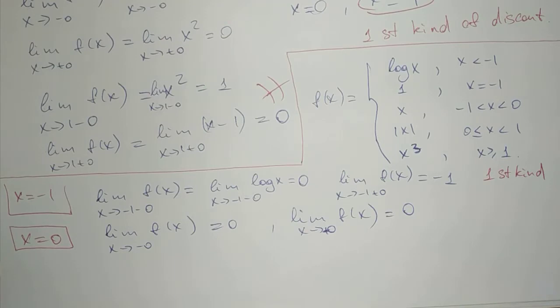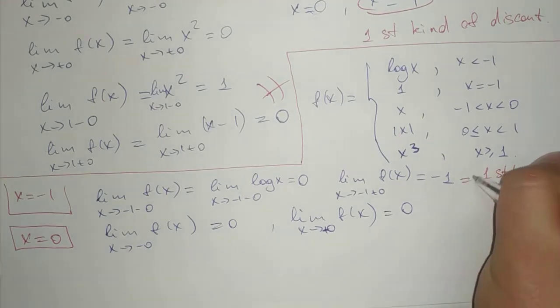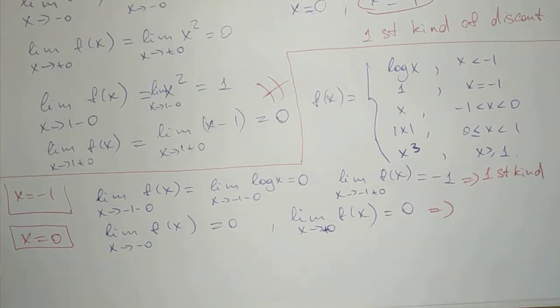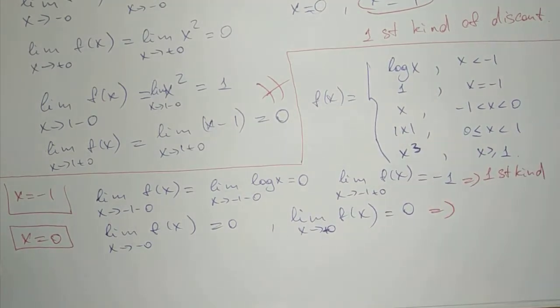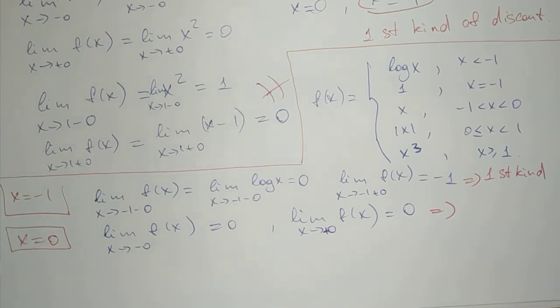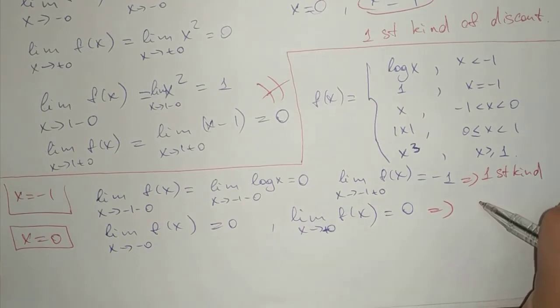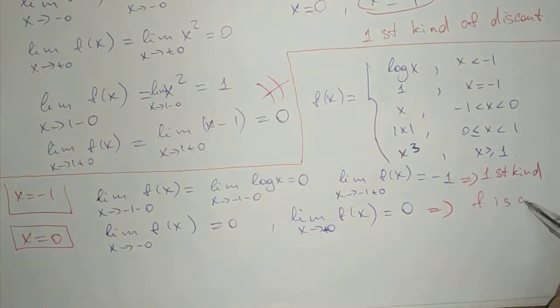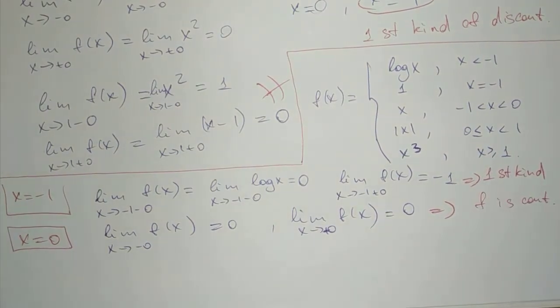So it means here f is continuous, because we get a limit here. The limit is 0. If one-sided limits are equal, it means they are equal to the limit of this function. So f is continuous here.